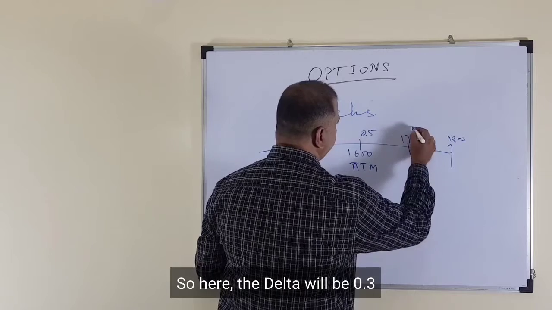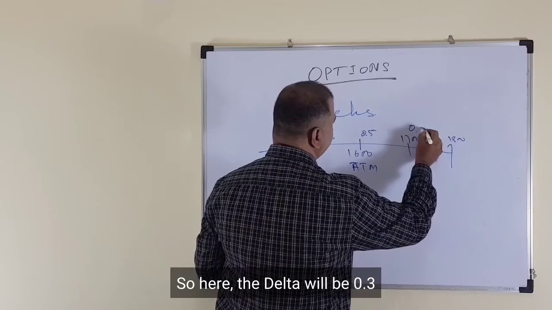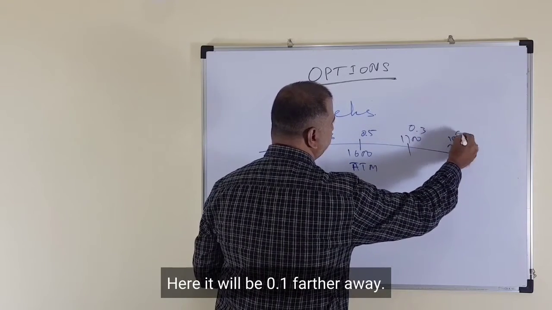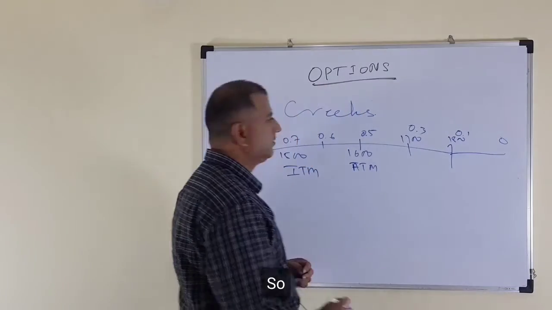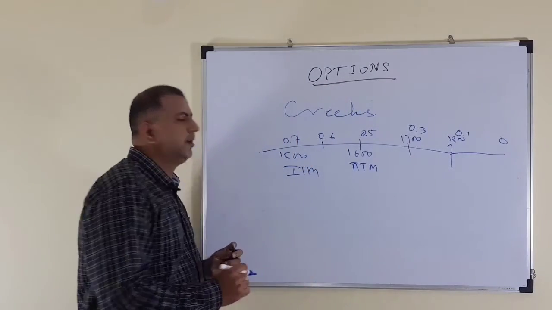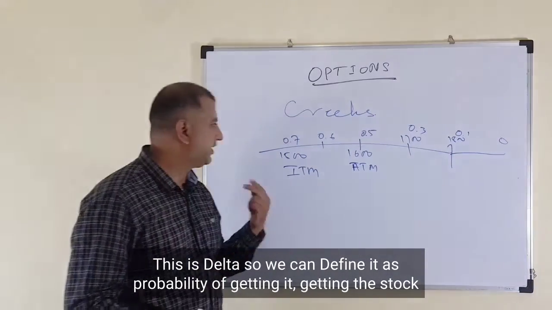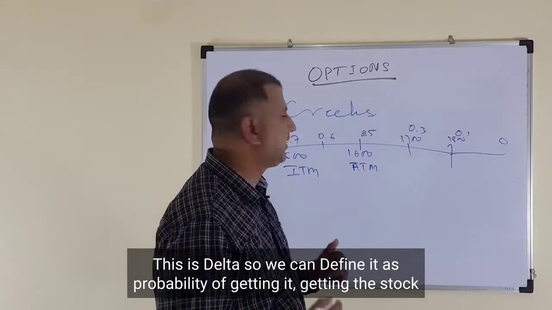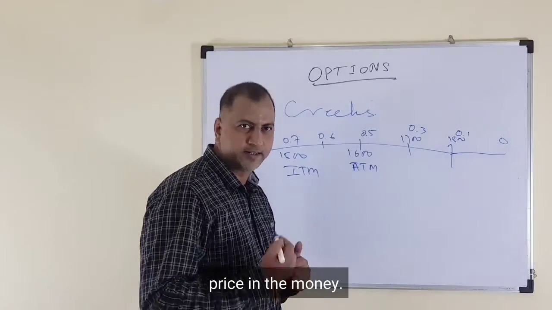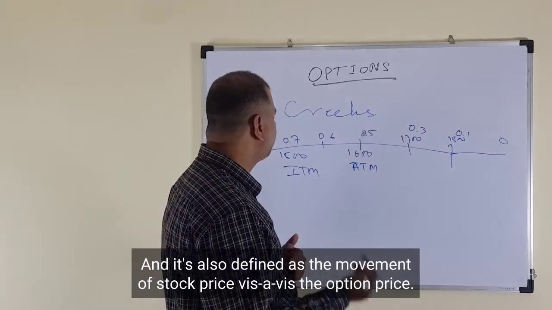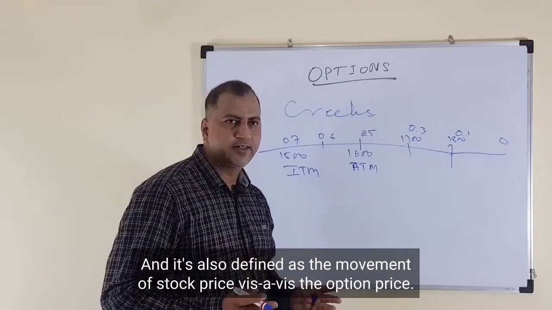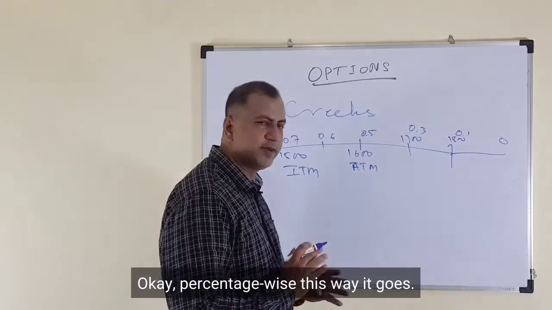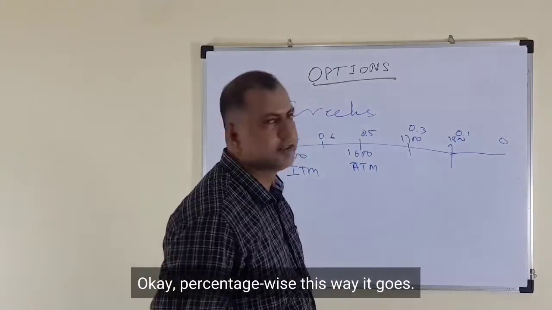So here the delta will be 0.3, here it will be 0.1, and the other way it could be 0. So this is delta. We can define it as the probability of getting the stock price in the money, and it's also defined as the movement of stock price vis-a-vis the option price. Percentage-wise, this is the way it goes.